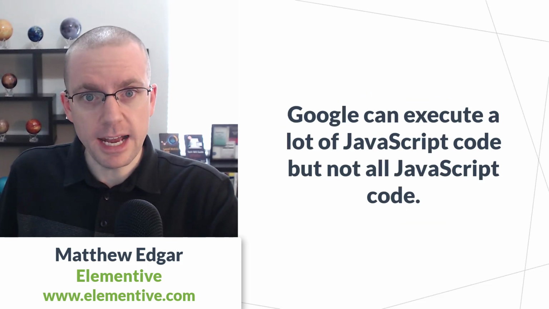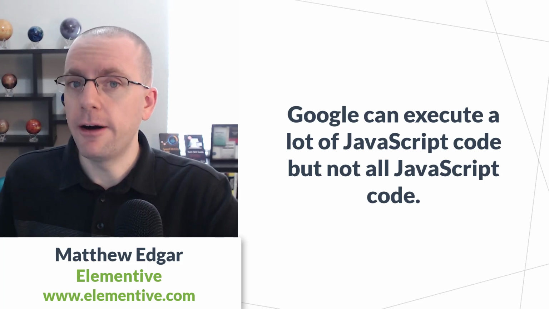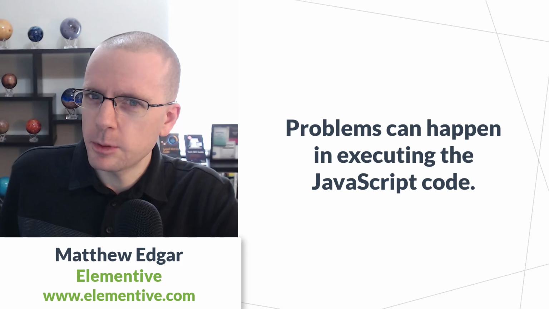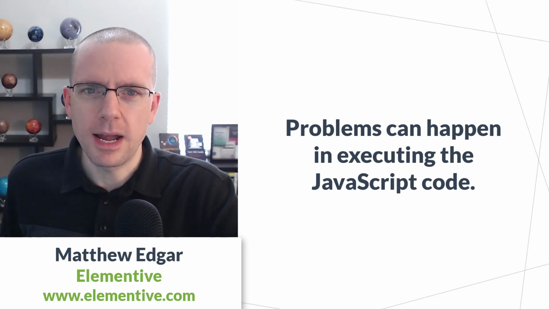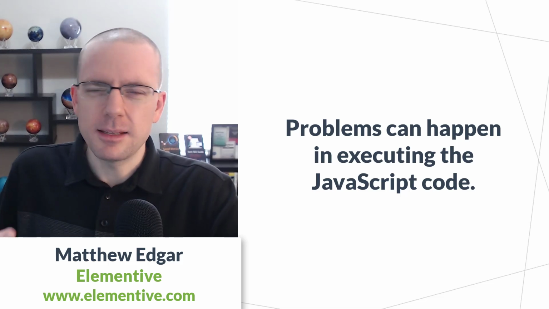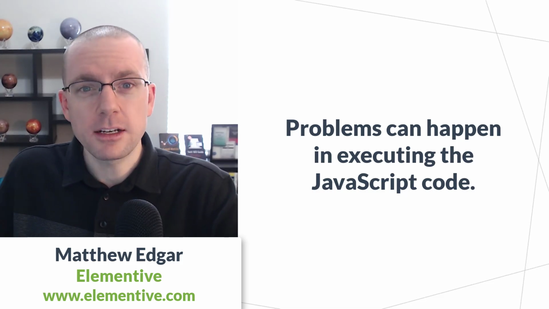Google is able to execute a lot of JavaScript, but not all JavaScript on a page. And sometimes even JavaScript they should be able to execute doesn't execute correctly because of a problem in the code, because of slow speeds, because something about the JavaScript code is blocked from Google.